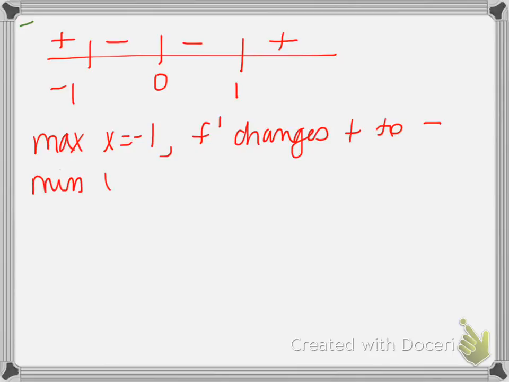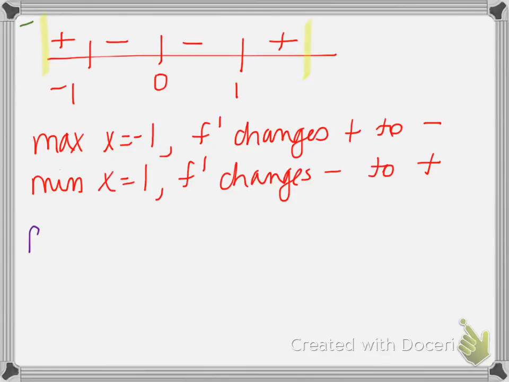There's a min at x equals 1 because f prime changes negative to positive. At 0, there's not a max or a min. It may be a point of inflection or something, but for now, we don't know what that is. Alright, again, here's our -2 and our 2. So you then make a statement about f of x. And sometimes I'll say between, but you don't have to.